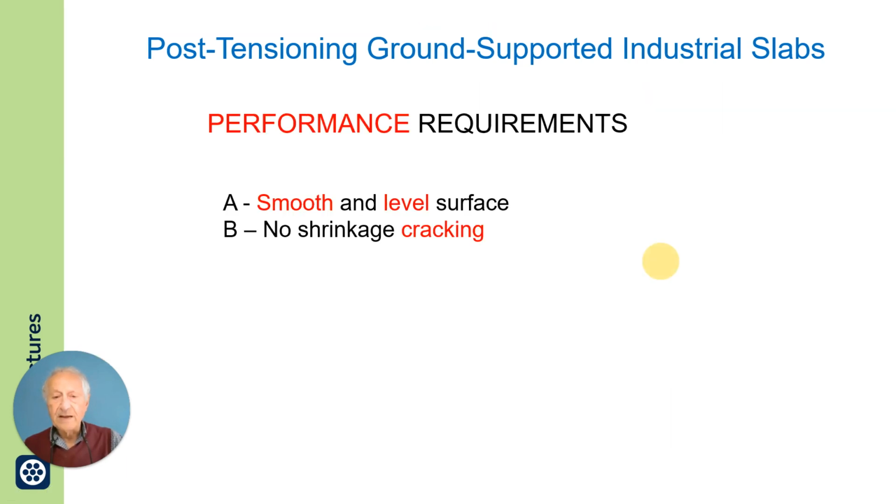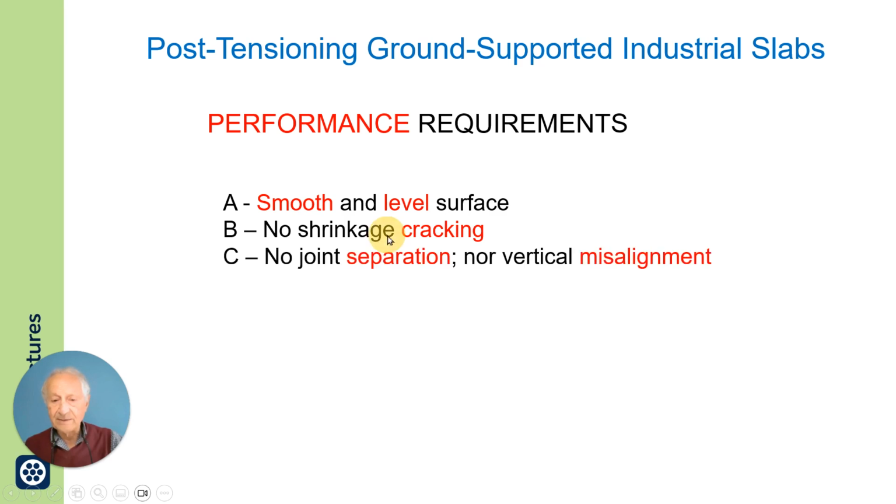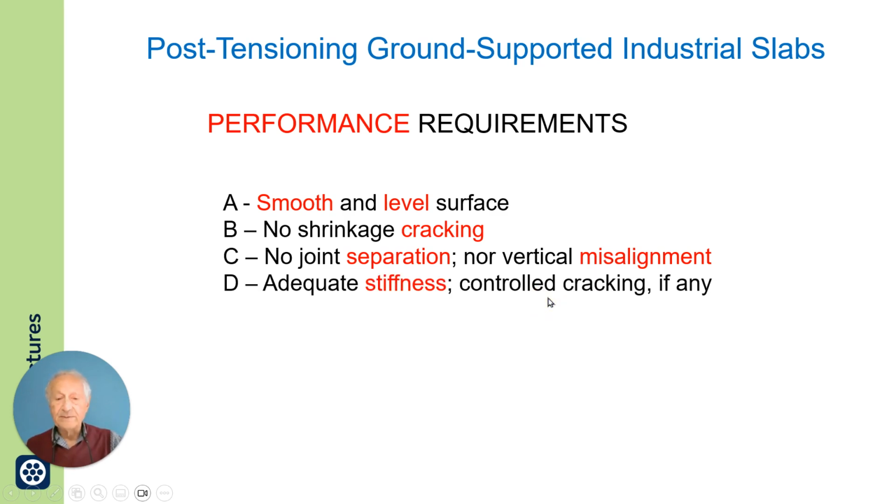Now, what are the performance requirements of industrial slabs? You want a smooth and level surface, no cracking, no joint separation. Joints will be inevitable, but no separation horizontal nor vertical, no misalignment.